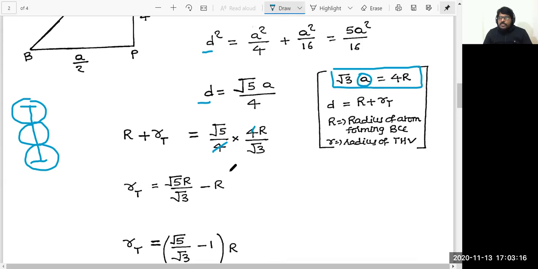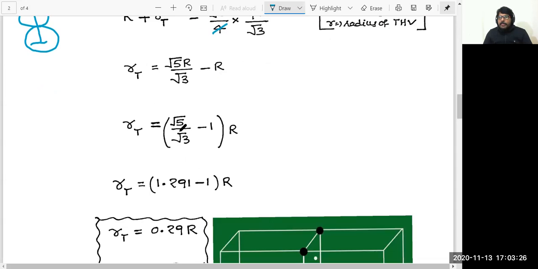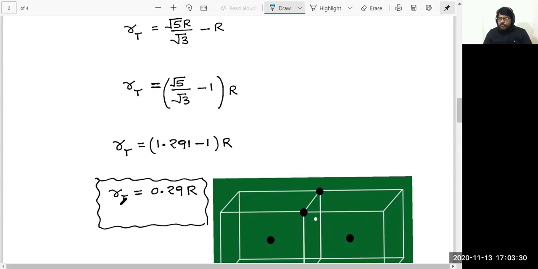Our intention is finding the radius ratio. So send this radius term, capital R, to the opposite side, and it becomes root 5 by root 3 minus 1. It will be like the radius of tetrahedral void is 0.29 times the radius of the sphere.